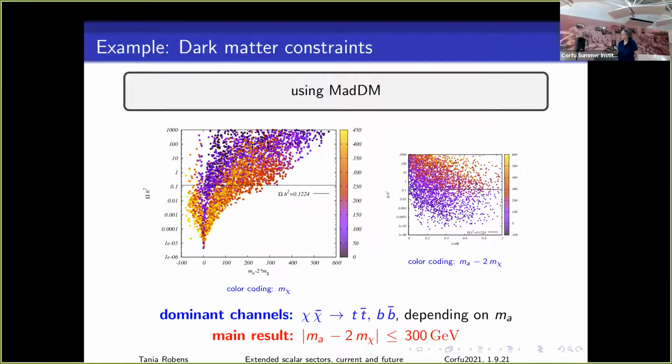You see this kind of typical behavior here, the Higgs funnel, as it is sometimes called depending on the model you're investigating. You want this to be relatively close, and if you go way too far, at some point there's no way to have enough annihilation not to overclose the universe. So this is important. The color coding here is the dark matter mass.